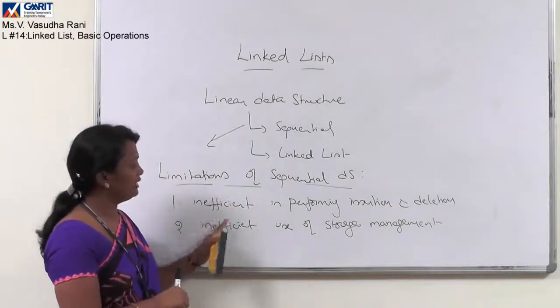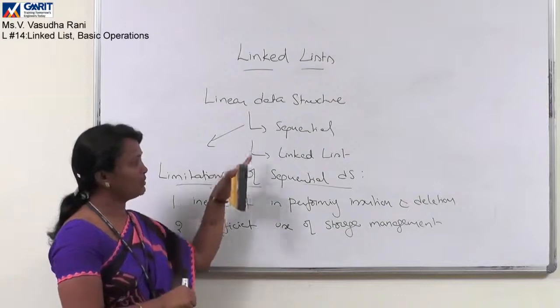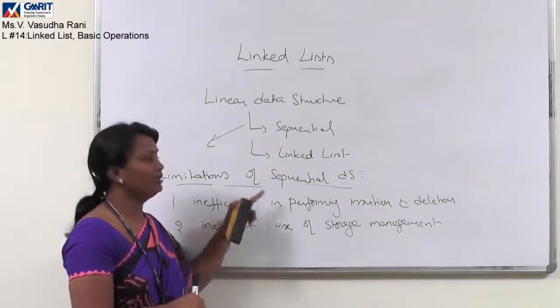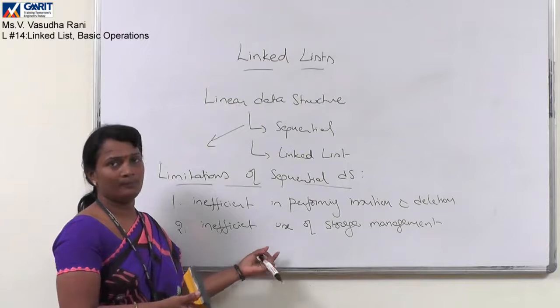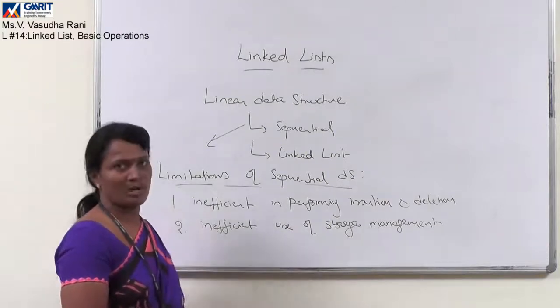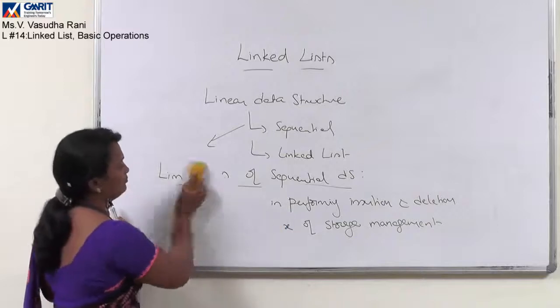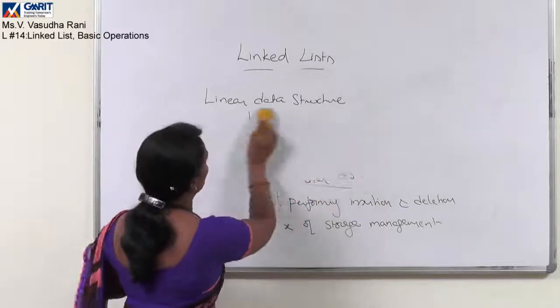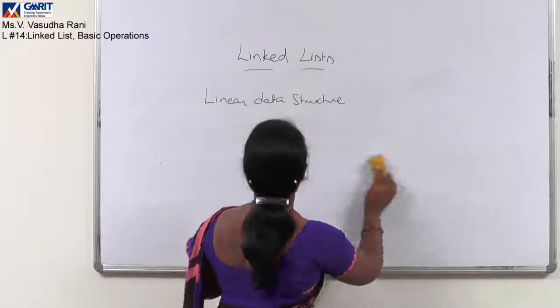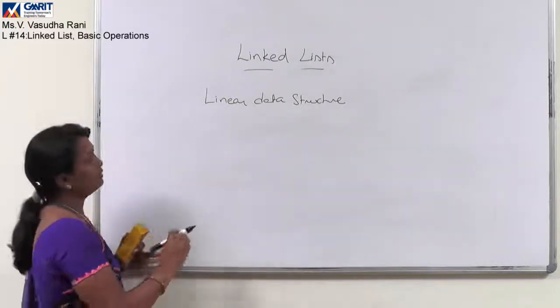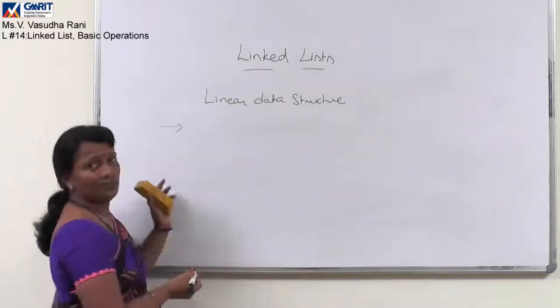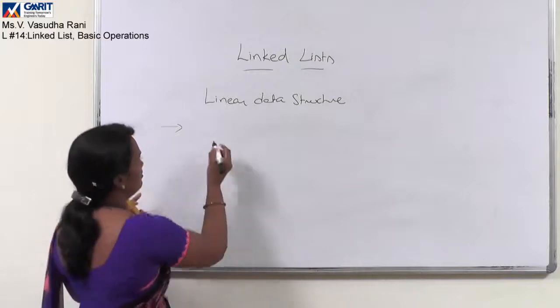But before that, we have to discuss how these sequential data structures are inefficient in performing insertion, deletion, and storage management. That we'll see with examples. Now take an example for the linear data structure, array.